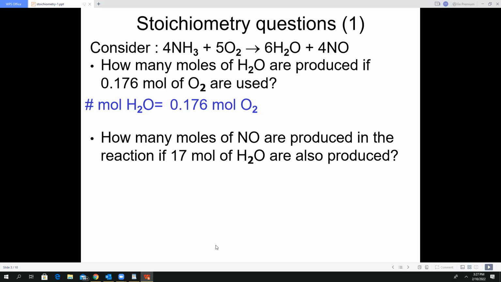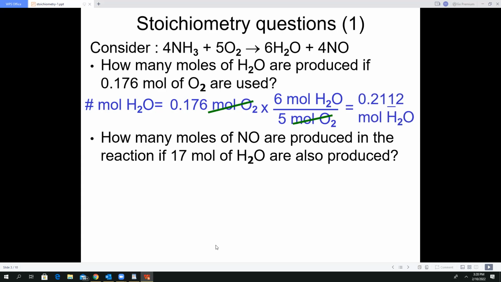So for every 6 moles of water, you have 5 moles of oxygen. Now you can multiply and divide, and you've got the right answer. And there it is. And you have to watch the sig figs here too. You start with 3, you end with 3, okay?